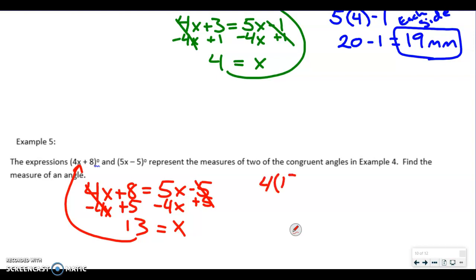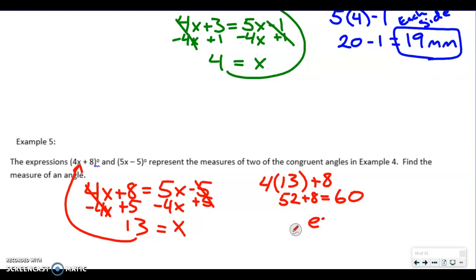So I have 4 times 13 plus 8. So work that out. And what do we get? So 4 times 13 is 52, plus 8 is 60.